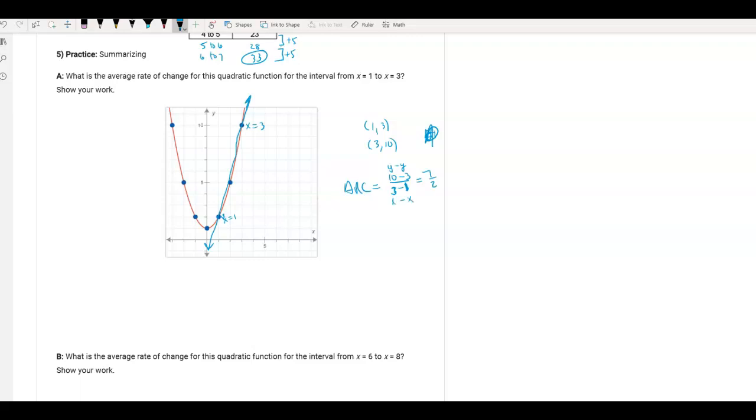All right, and remember that's subtracting the x's. Oh, sorry. Oh, this is 1, 2. Sorry, not 1, 3. So 10 minus 2, which is 8, over 2, which gives you an average rate of change of 4. Okay.